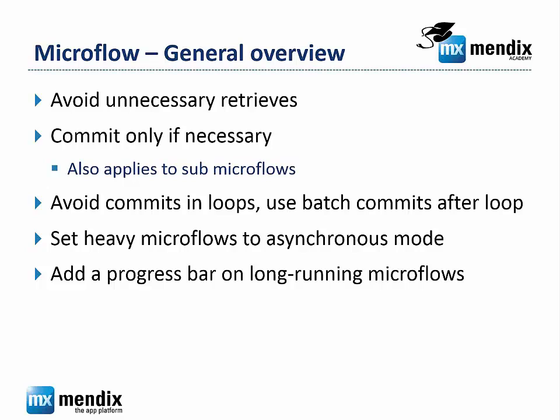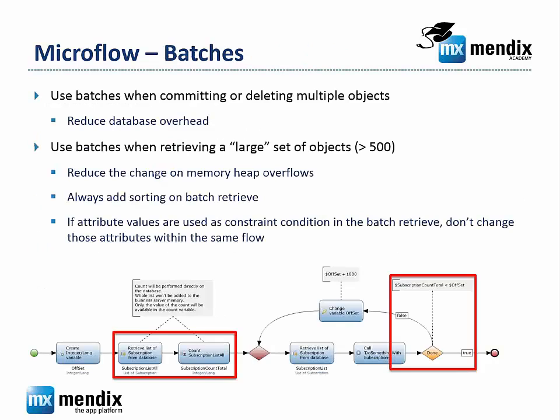The other thing is you want to avoid using commits within a loop. Always use a batch commit. And I'll show you an example briefly after this of what to do and not to do. And again, as I mentioned before, you want to set heavy microflows to asynchronous mode, and you want to add a progress bar on long-running microflows.